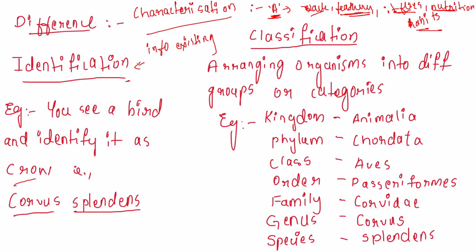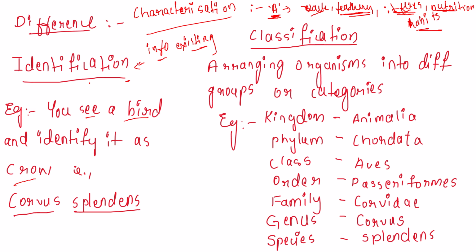That is called identification. With the existing information, we identify a particular species or a bird or an animal or any other organism to be so and so. That is identification, based on existing information and on the characteristics which we have observed.